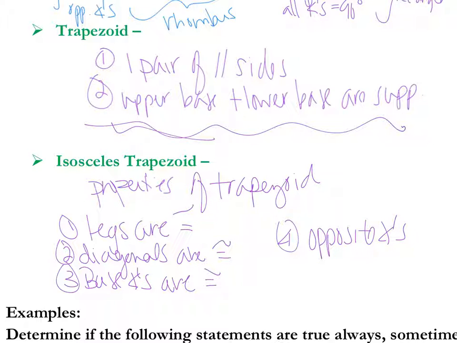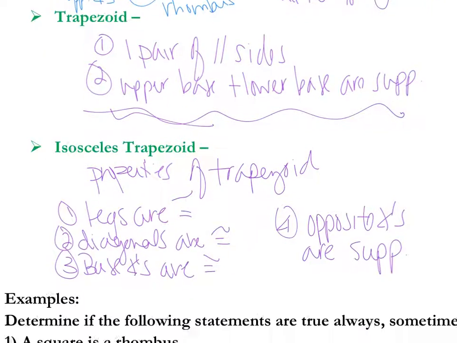Not consecutive. Opposite angles are supplementary. So lots of properties. I just want you guys to get these down in your book today. On Monday, we will start drawing the pictures of them, and then we will start using these properties more.